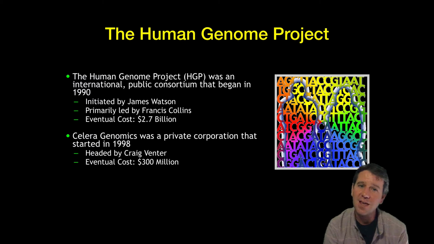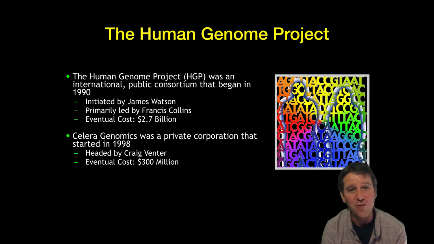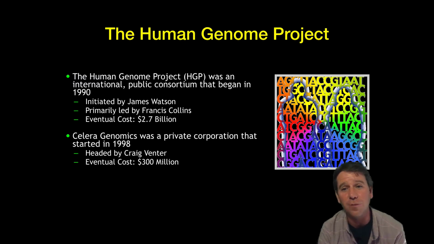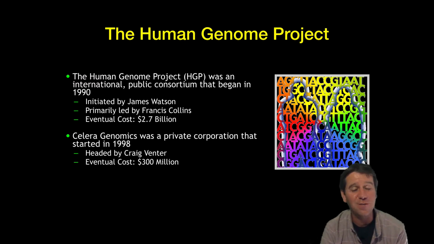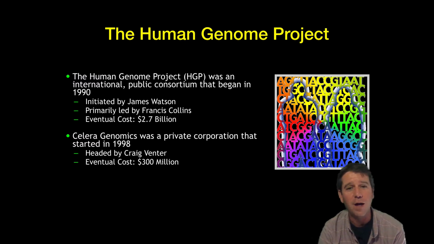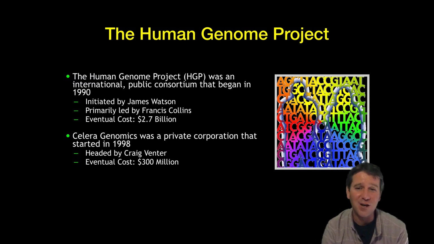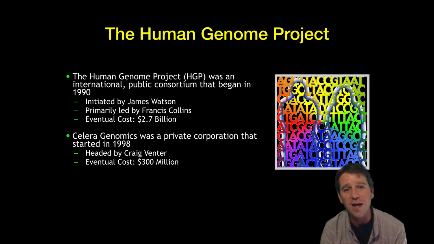Now, Craig Venter, who many of you will have heard of, was a graduate of our program at UCSD, and originally worked intramurally at the NIH on the Human Genome Project team, the public consortium. He pushed for a new sequencing approach called shotgun sequencing that we'll mention in a moment. And there was a rather public and well-documented falling out and disagreement, and he went off and started a private company called Celera Genomics.